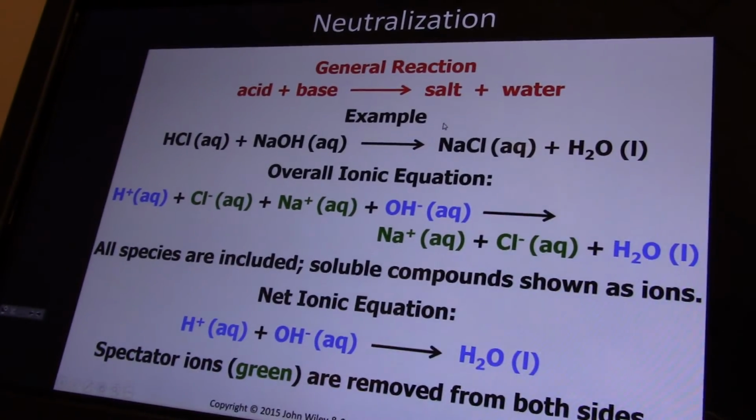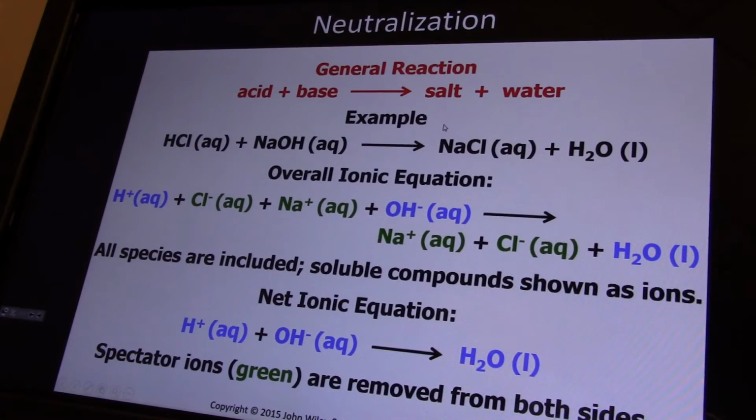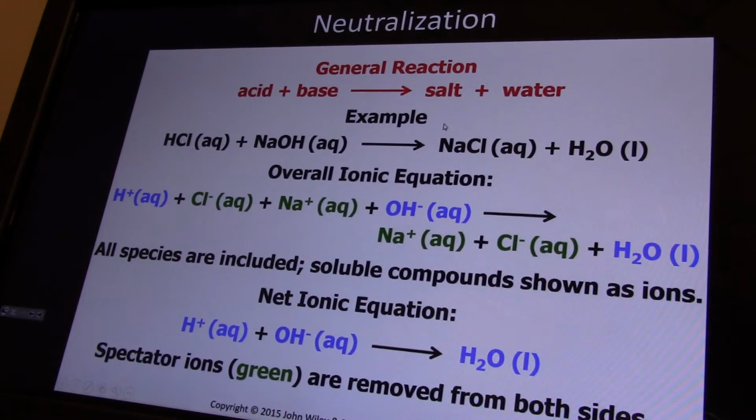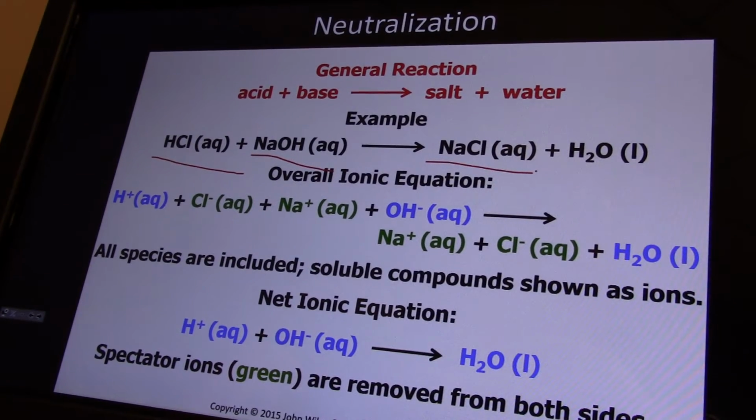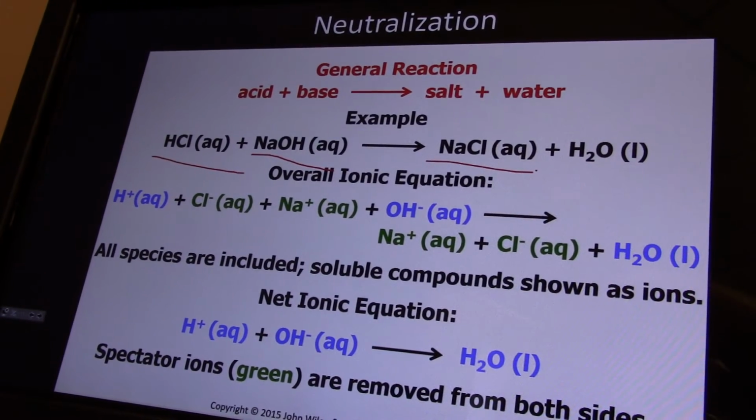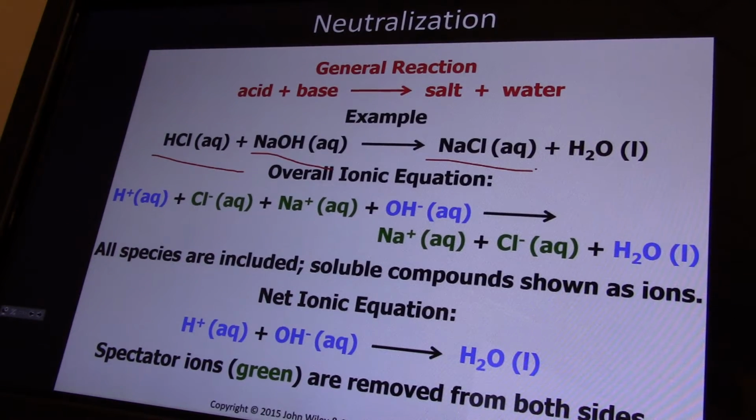Neutralization: an acid and a base react to form a salt and water. When we write an overall ionic equation, all the aqueous compounds are broken apart into their ions if they are strong electrolytes. Weak electrolytes are held together because, like acetic acid, 95% of it stays together, so it's more accurate to write it in its molecular form.